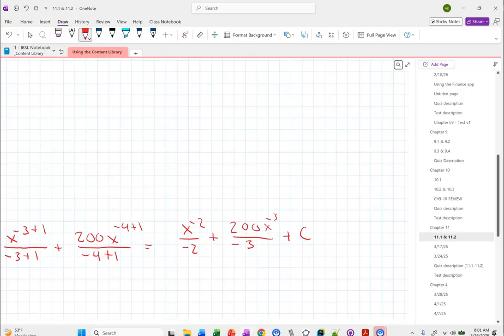And this answer is acceptable, although if you're looking in the back of the book, they probably are going to write it like this. But the above answer is fine, unless the directions specifically say write it without negative exponents or something. Those two answers are equivalent. I would give either one full credit without any bias.